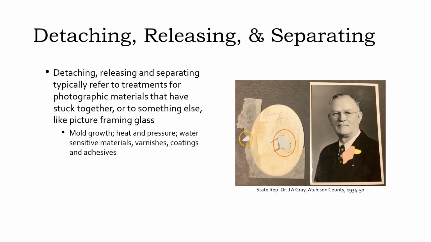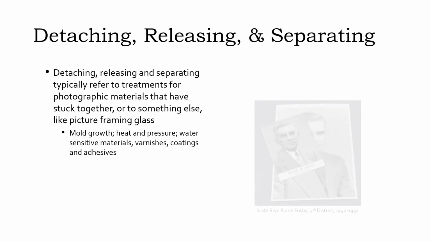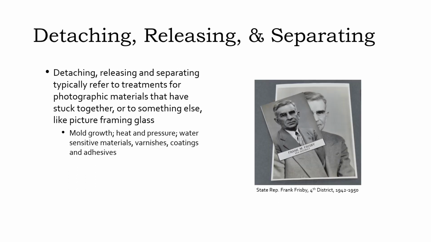The photos in this example show the damage that can happen when separation is forced: two pieces of the image layer detached from the photo on the right and stuck to the back of the photo on the left. These two photos of Frank Frisbee were also stuck together from residual tape adhesive on the back of the smaller photo.